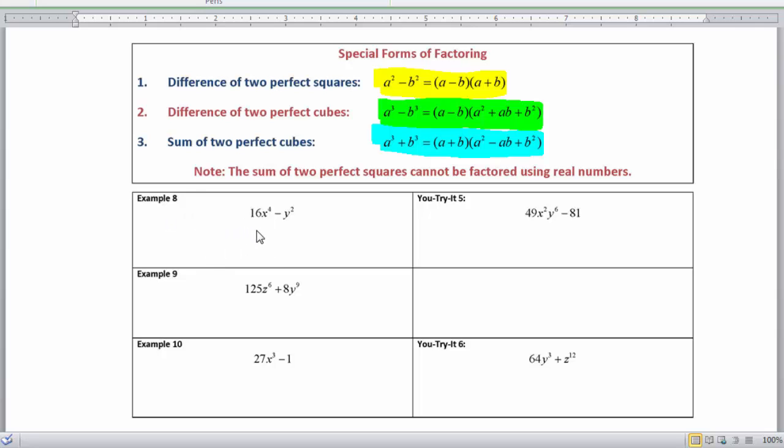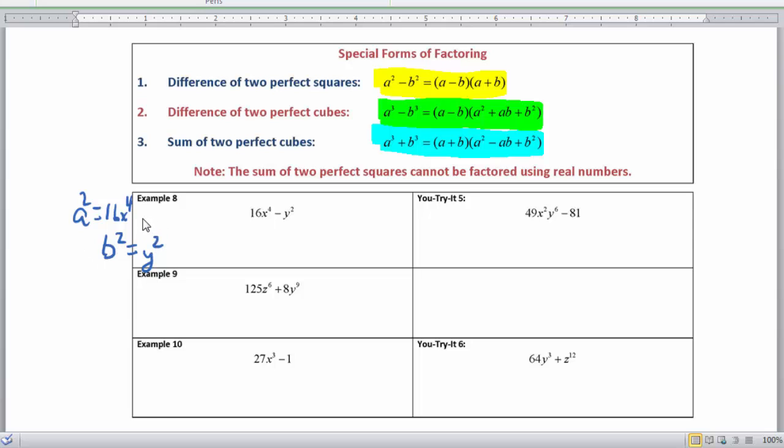So the first one is 16x to the fourth minus y squared. Well, they're definitely not perfect cubes, but they are perfect squares, right? So in this case, you know that a squared is 16x to the fourth, and b squared is y squared.